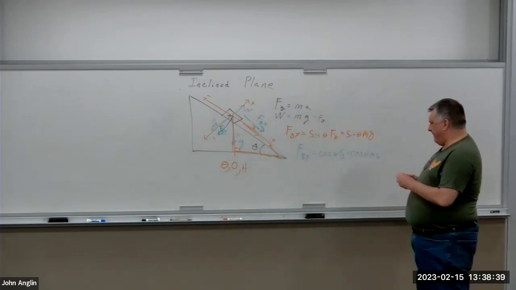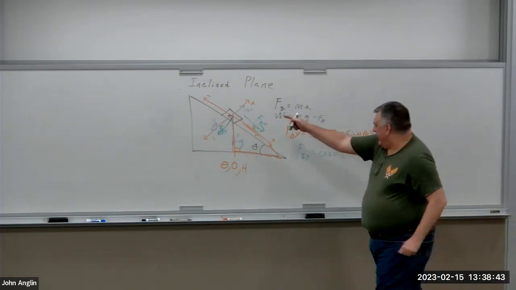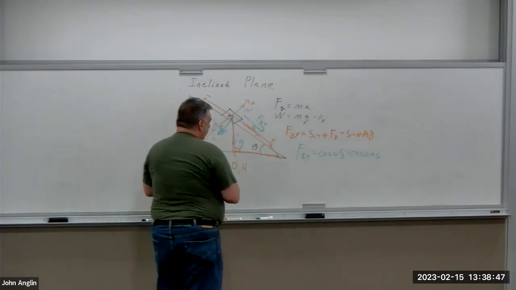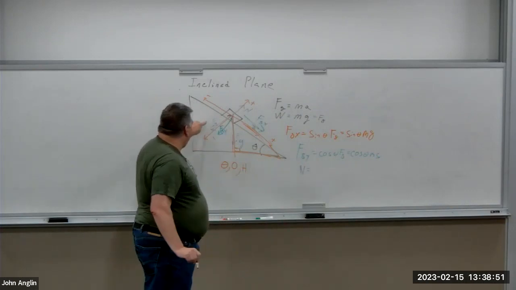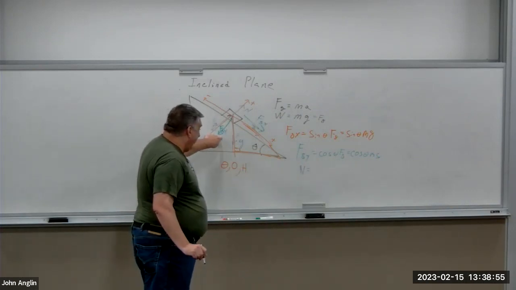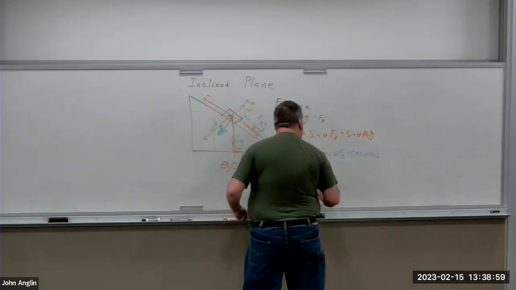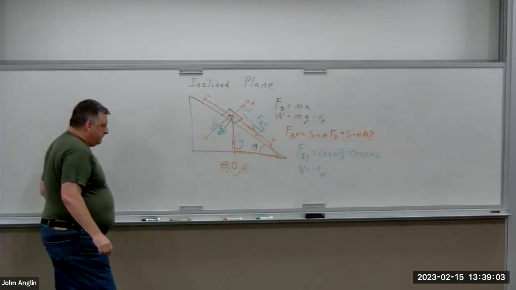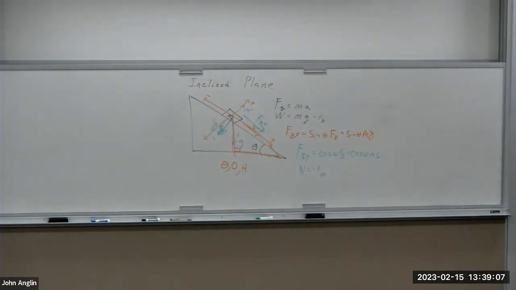We also know that this normal force has got to be the opposite of whatever this box force is, which is FGY. So that's going to be negative of FG sub Y. Cool.